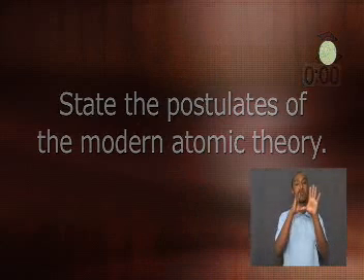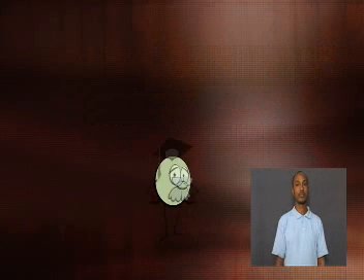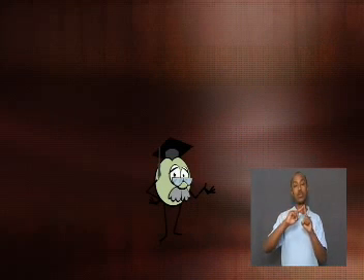Time's up. Let's get back to our lesson. Hello again, students. Were you able to list all 6 of the postulates? Let us review them now to make sure your findings are accurate.